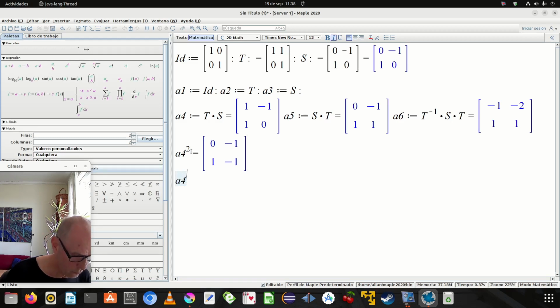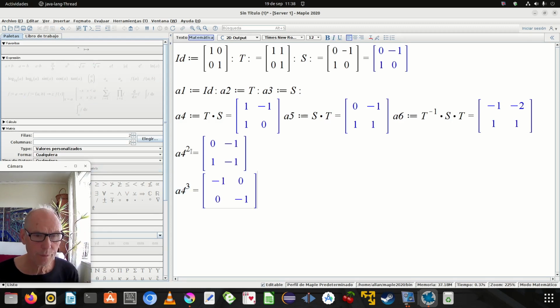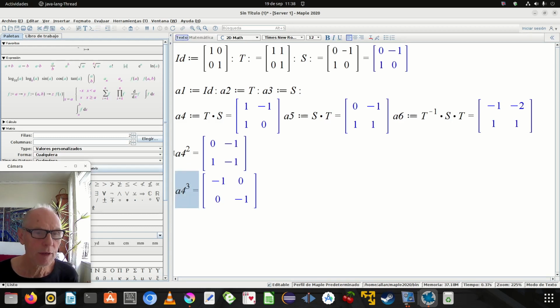And a 4 to the third. So this lies in gamma 2. So that means A4 is of order 3.